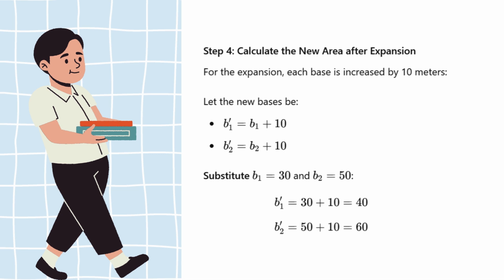For the fourth part, we are required to calculate the area when the park is extended 10 meters, which means we need to add 10 meters to the bases. So base 30 plus 10 becomes 40, and base 50 plus 10 becomes 60.